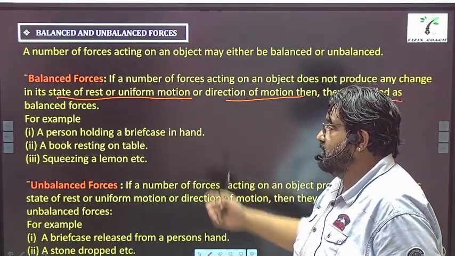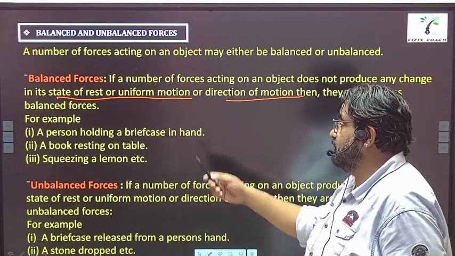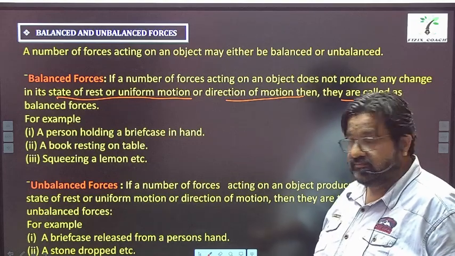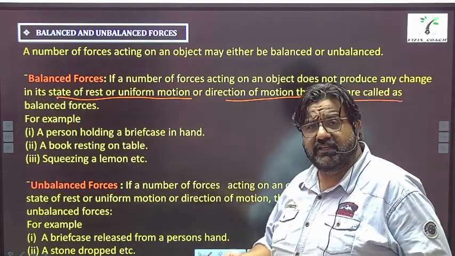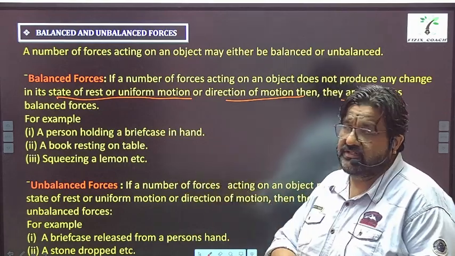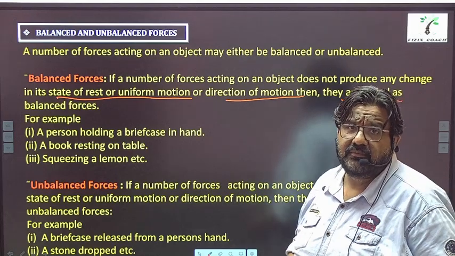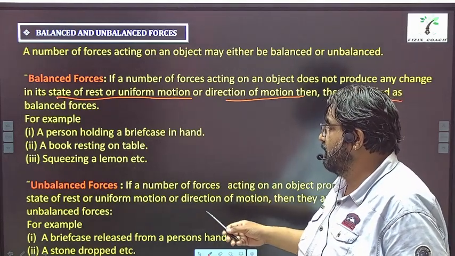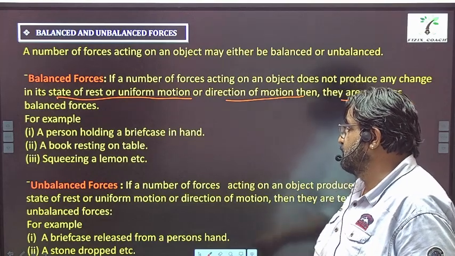Now you can take examples of balanced forces: a person holding a briefcase in his hand, a book resting on a table, squeezing a lemon. That is also a balanced force. Okay, now unbalanced forces.